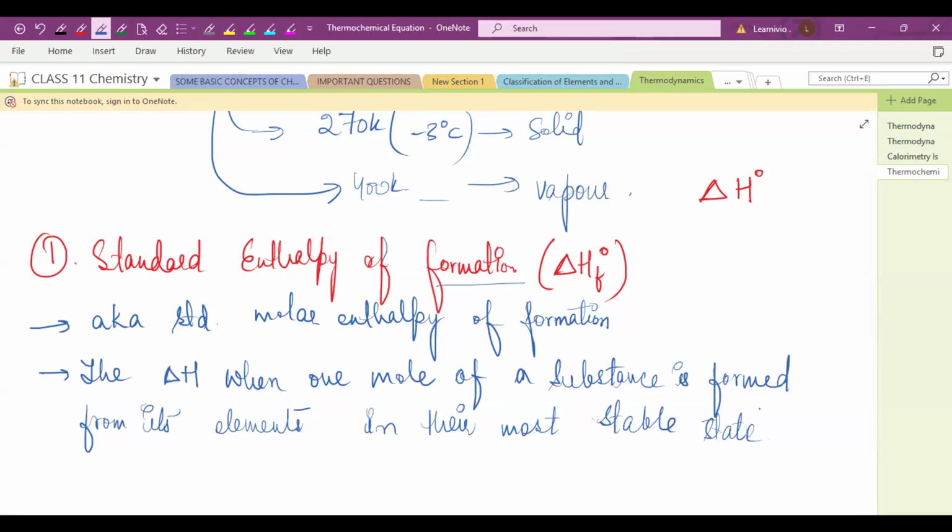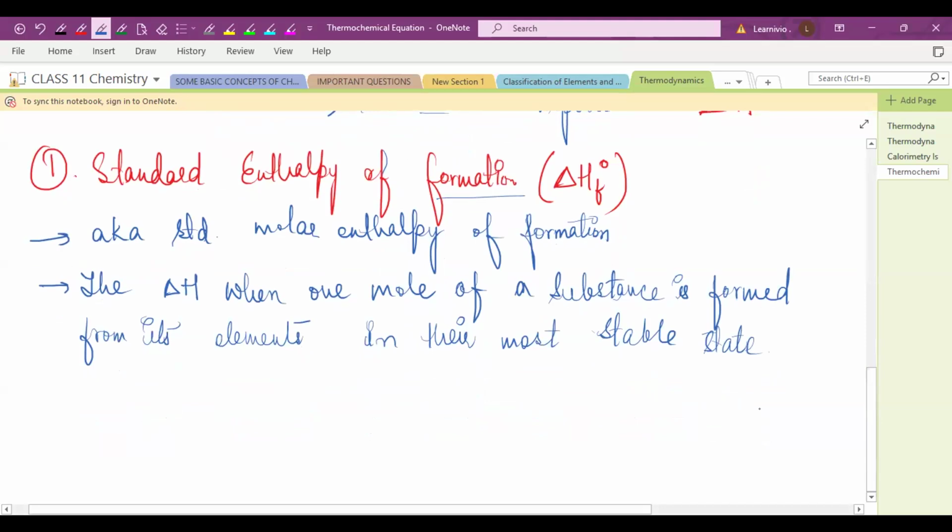So it's the enthalpy change when one mole of a substance is formed from its elements in their most stable state. Okay, let's talk about some examples. For example, carbon when it burns with O2, standard state क्या होता है? Solid. The carbon का standard state or the most stable state is solid. Oxygen means gas. And the carbon dioxide will again form a gas.